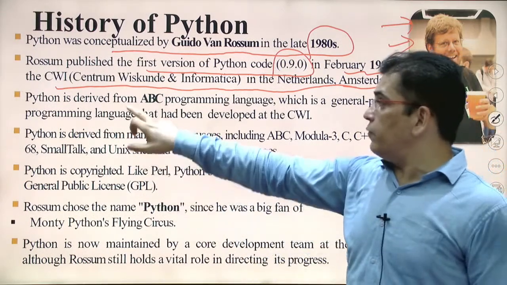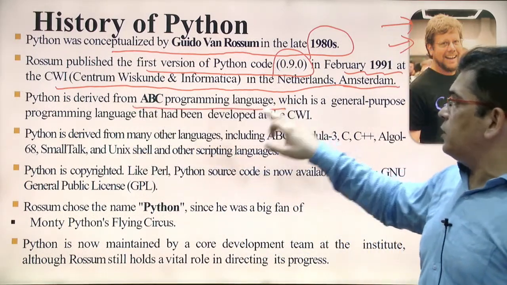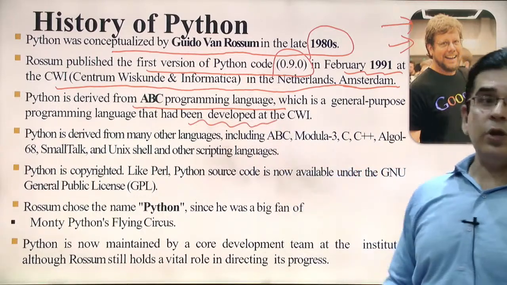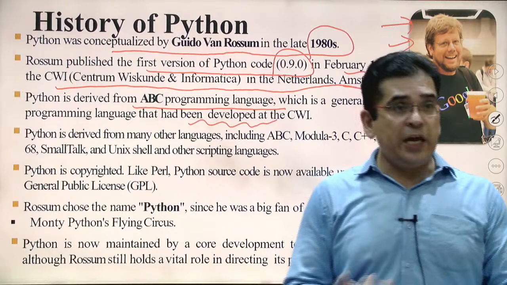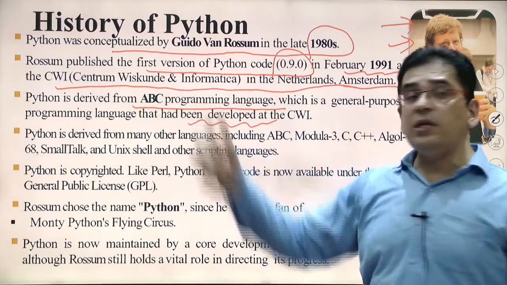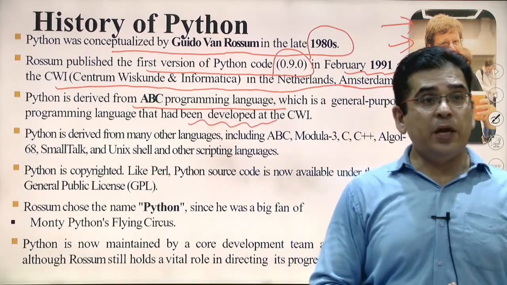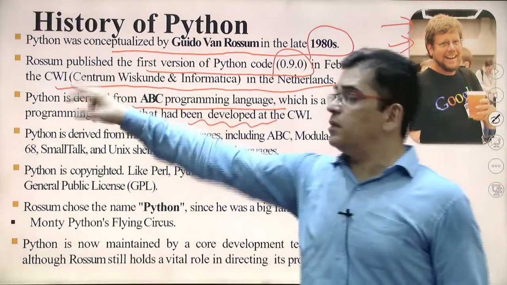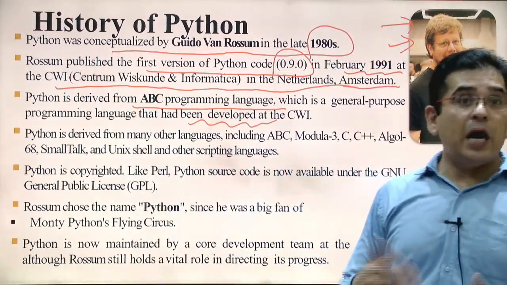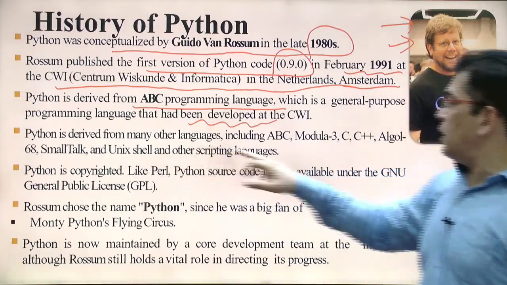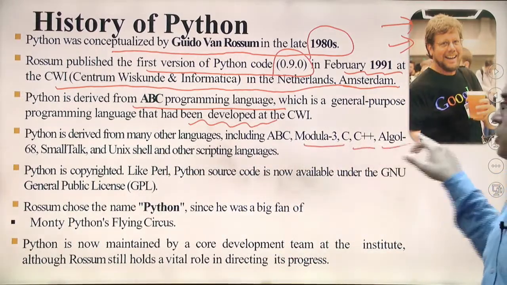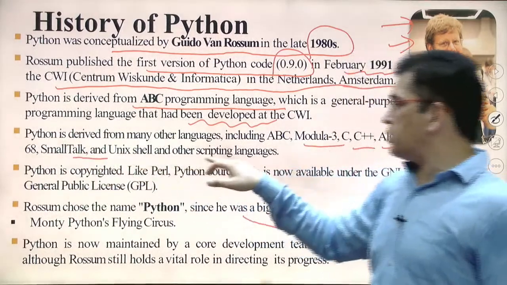It was derived from the ABC programming language, which is a general purpose programming language. Like you know C is a programming language, ABC is a general purpose programming language which was developed at CWI. Nowadays, the R programming language is also very popular. Python is derived from many other languages like Modula, C, C++, Smalltalk, and Unix scripting languages.